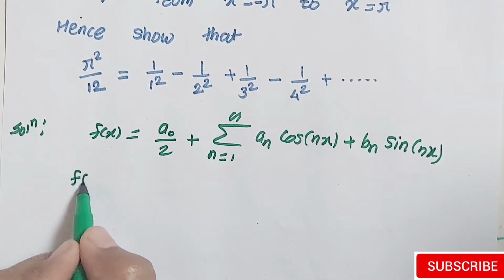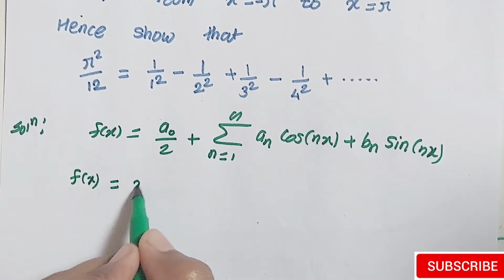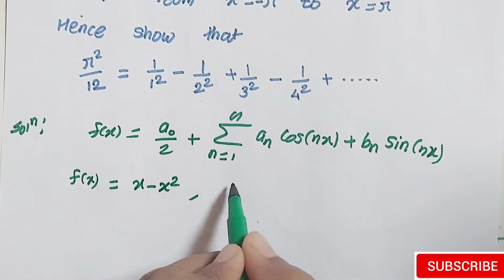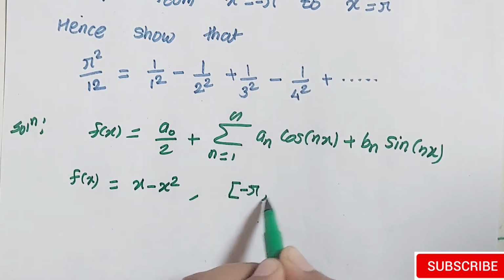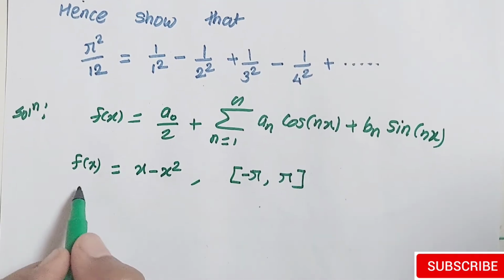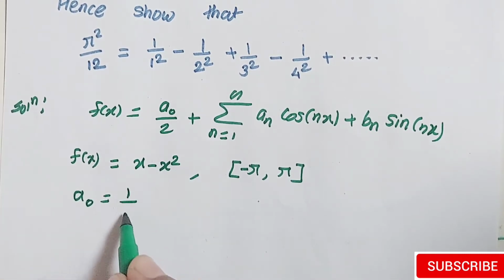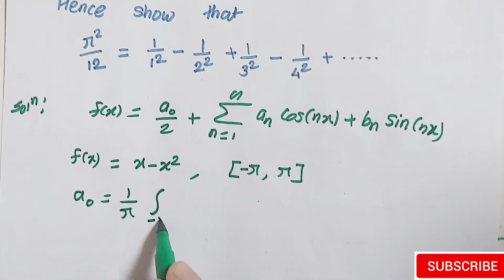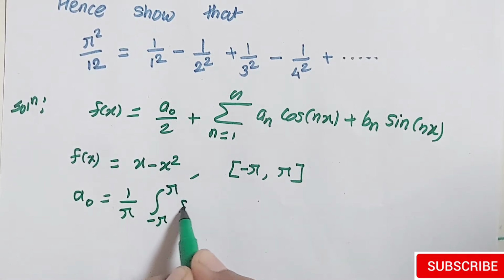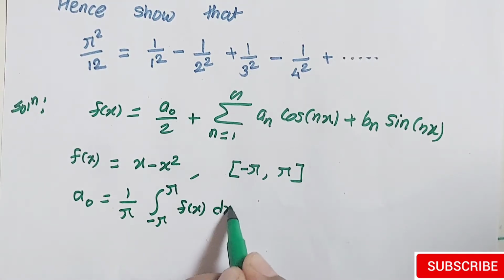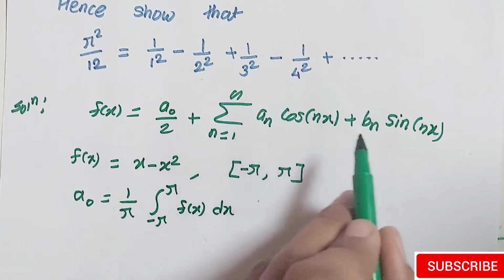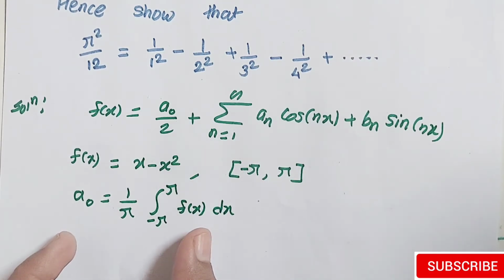Now how to find the value of a0? Here our given function f of x is x minus x square in the interval minus pi to pi, and the value of a0 is 1 upon pi integral minus pi to pi f of x dx. To find the values of a0, an and bn, we have to use the formula.